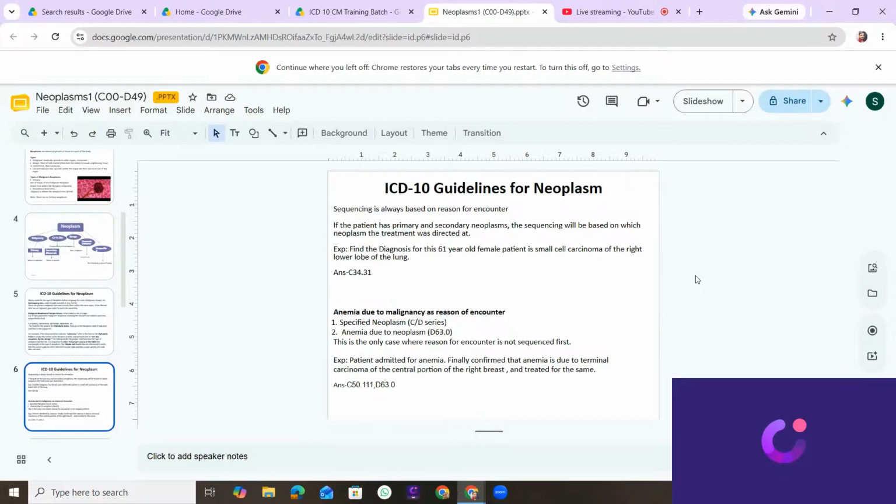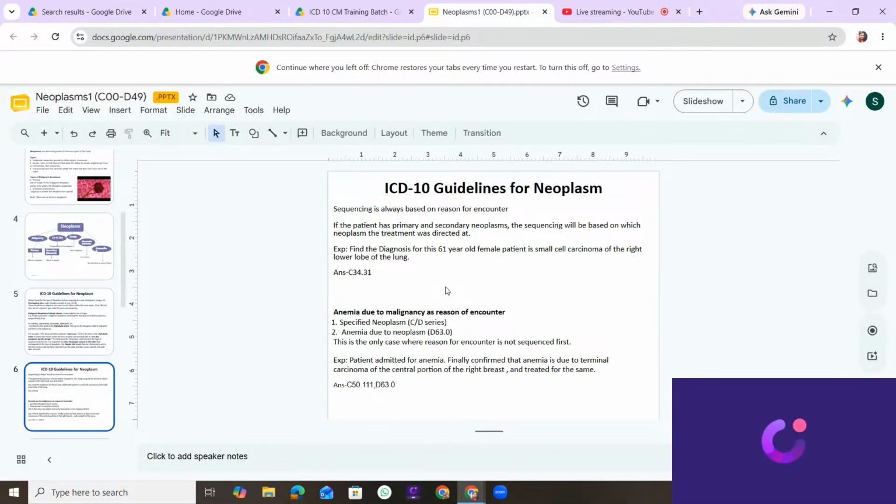Example: find the diagnosis for a 61-year-old female patient with small cell carcinoma of the right lower lobe of the lung. Please try to find which ICD code it will be. I'll just tell you that C34.31 is the correct answer.